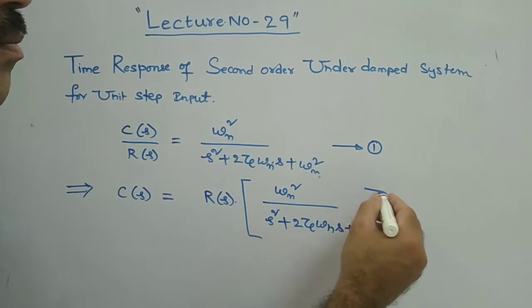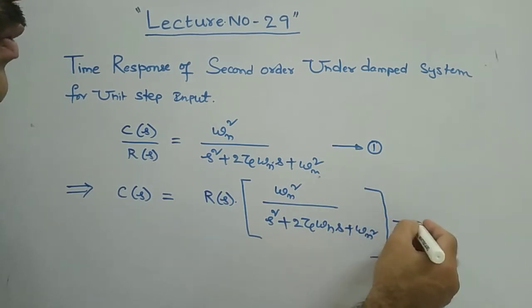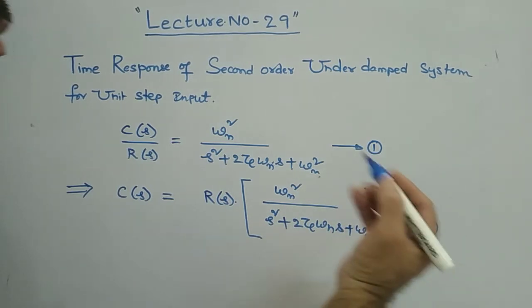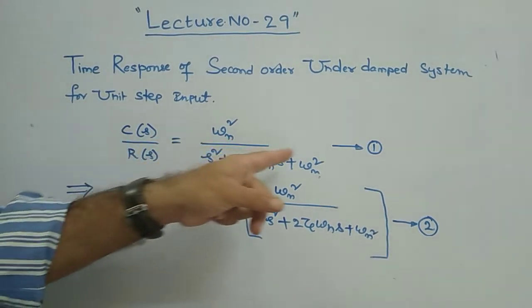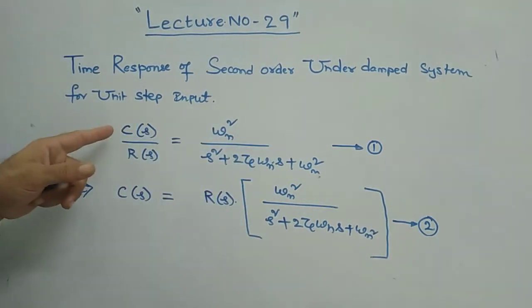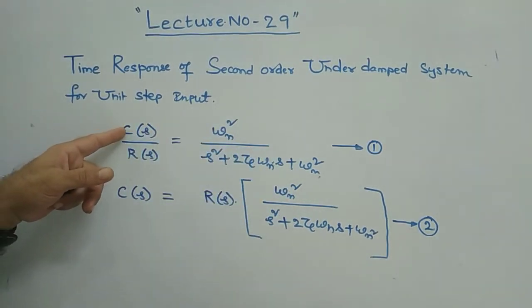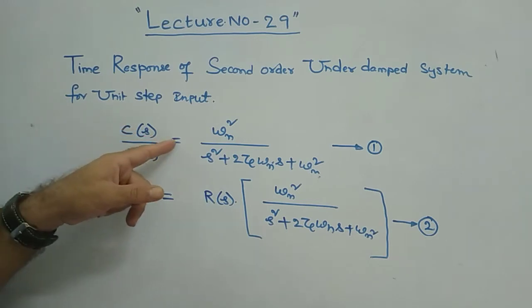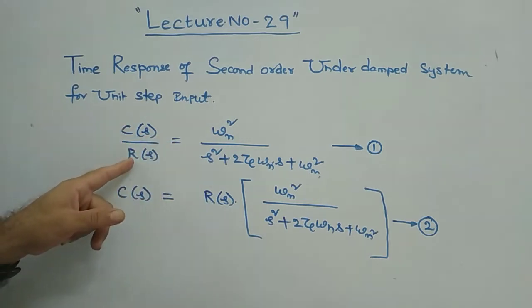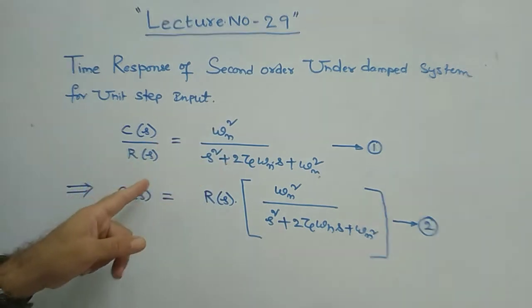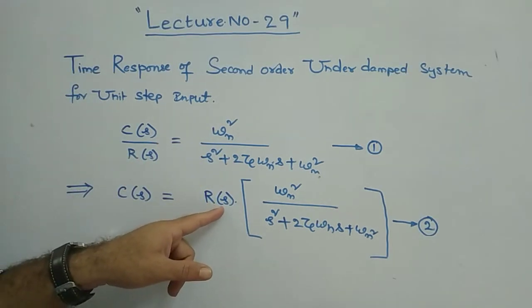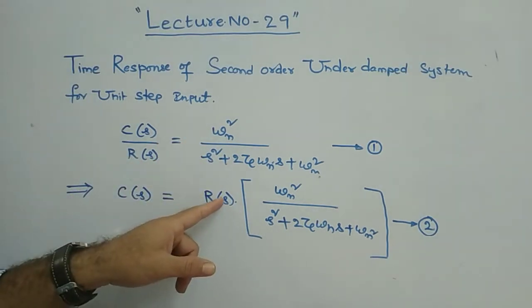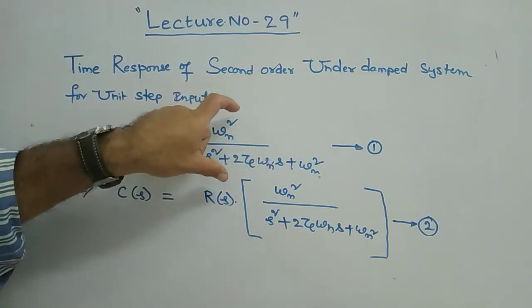Clear? This is equation number 2. So from this expression, I want to write the expression for C of s, where R of s comes in multiplication with this total quantity.